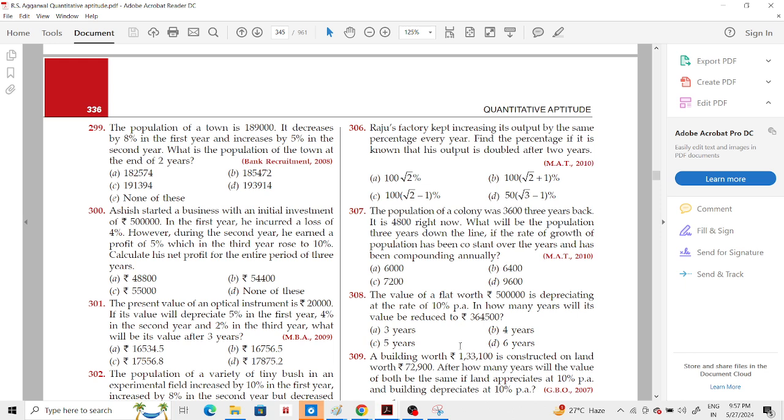Okay. So 307. Are you able to do it, Niladri? Yes, sir. What is the answer? First one is 100 into root 2 minus 1.